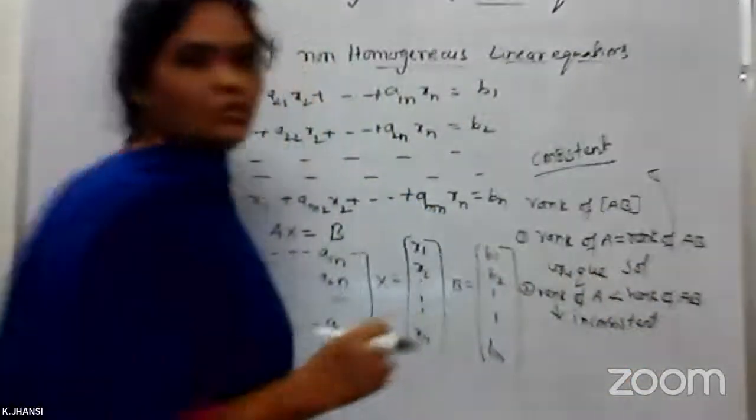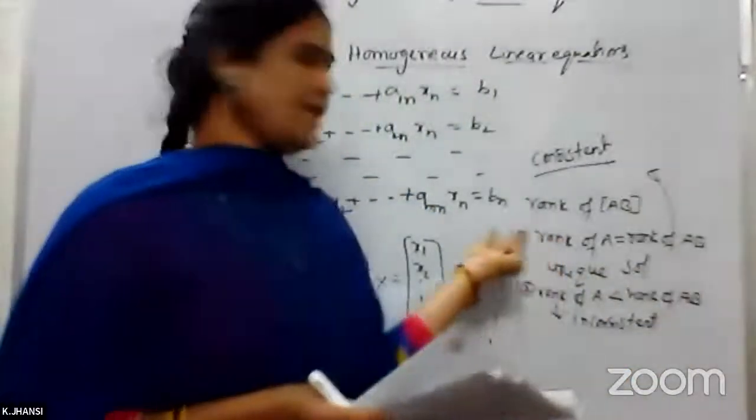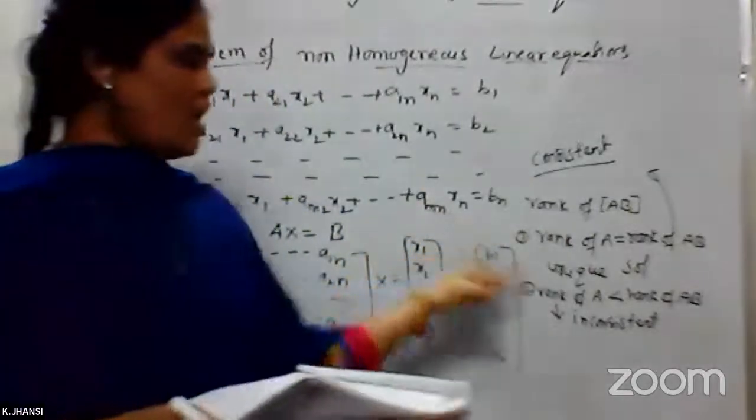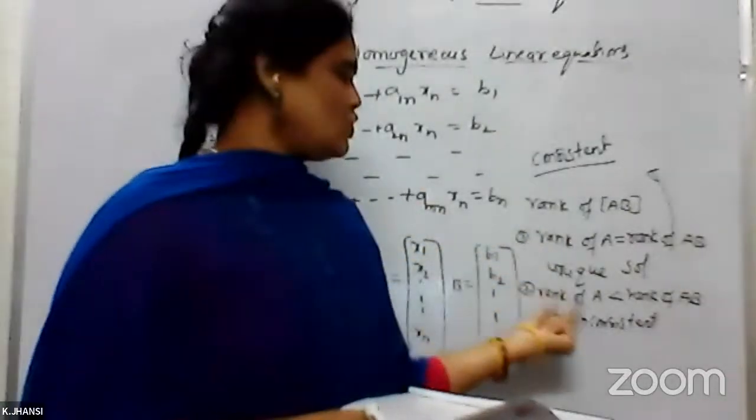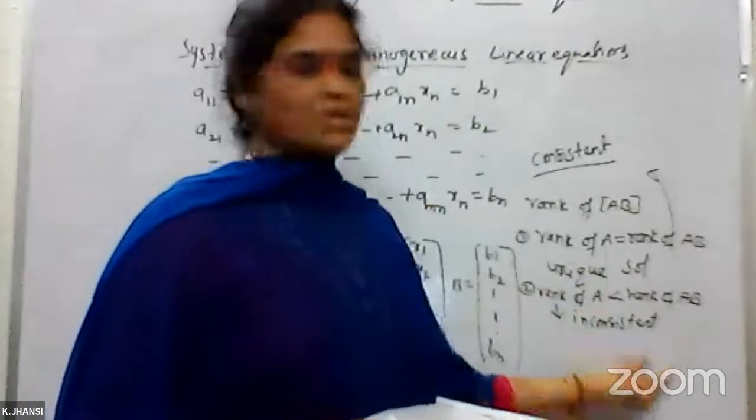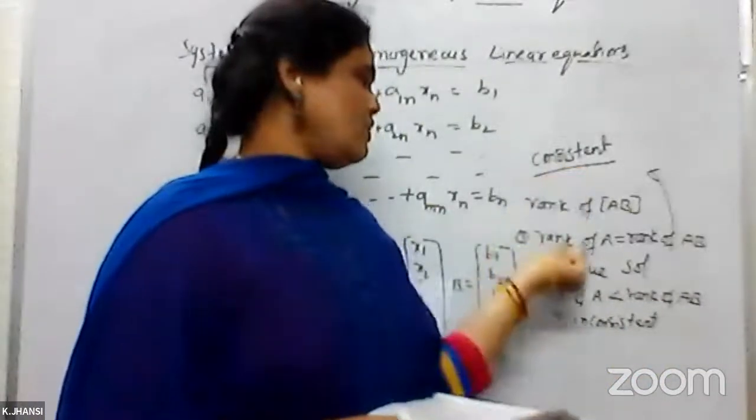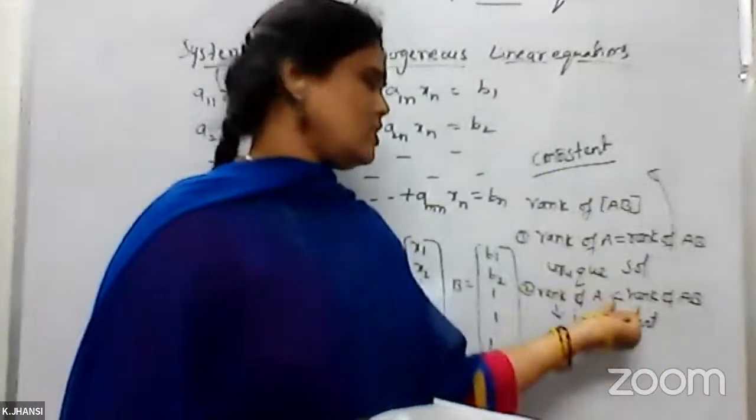These two words you can see in your textbook: show that the given equations are consistent, or show that the equations are inconsistent. To satisfy this one, this is the condition.